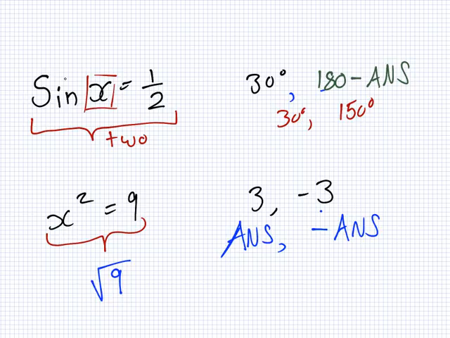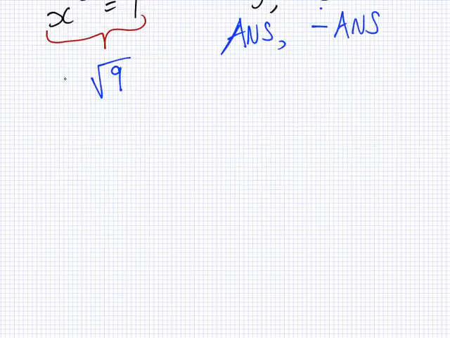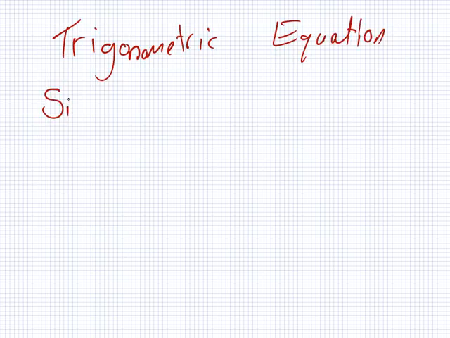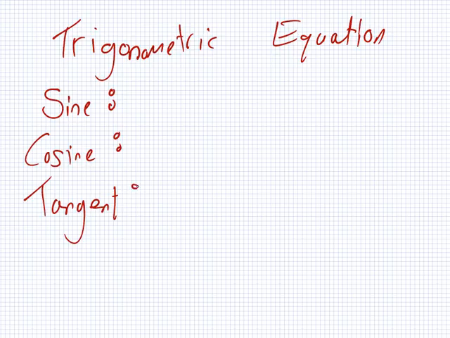So what I'll do first is I'll give you a table for how to find all the second answers for sine, cos and tan. Right, can I scroll down a little bit? So for your trigonometric equations, for sine, and then we have cosine, and then we have tangent.